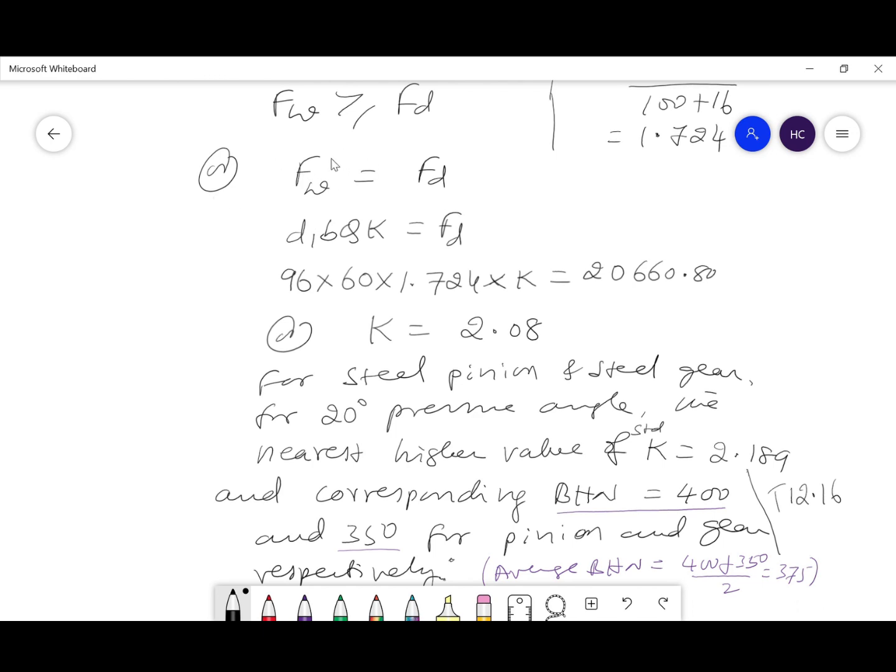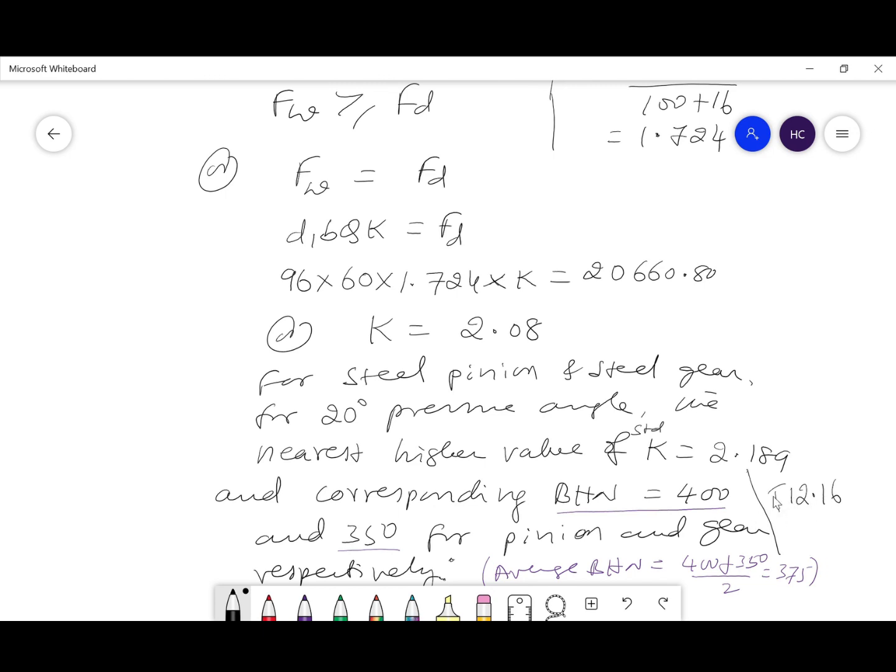So now let us have FW is equal to FD. That is, D1 b Q K is equal to FD. Substituting values for D1, b, Q and FD, we get K is equal to 2.08. For steel pinion and steel gear for 20-degree pressure angle, the nearest higher value of standard K is equal to 2.189.